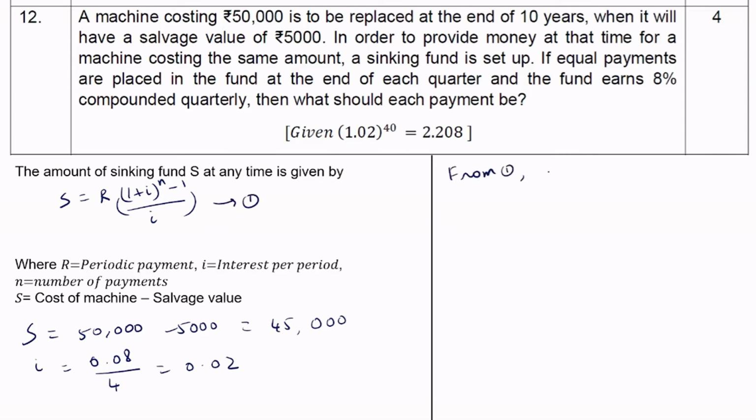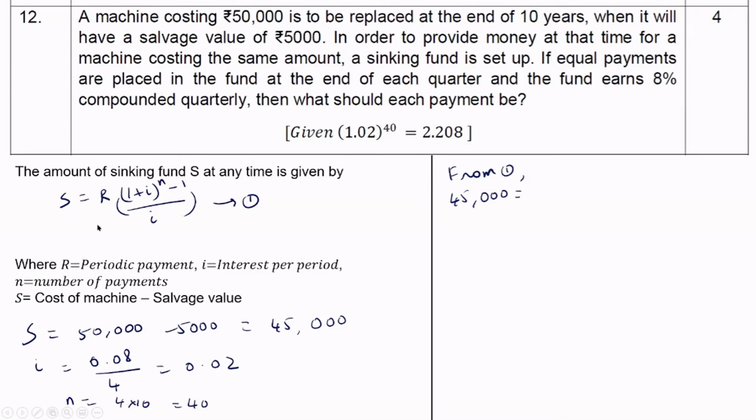So from 1 we have 45,000 is equal to, and N is equal to, here equal payments are placed at the end of each quarter. So the number of periods will be 4 into 10. So N is 4 into 10, which is 40. So the number of payments is 40.